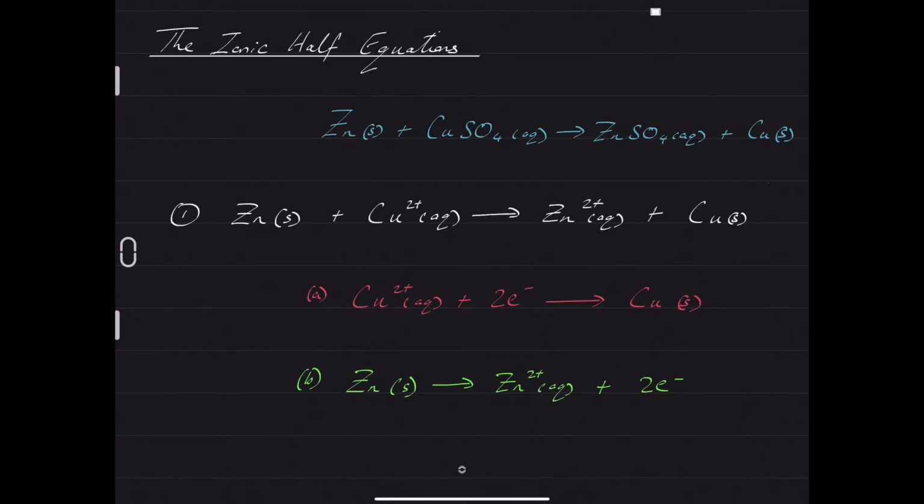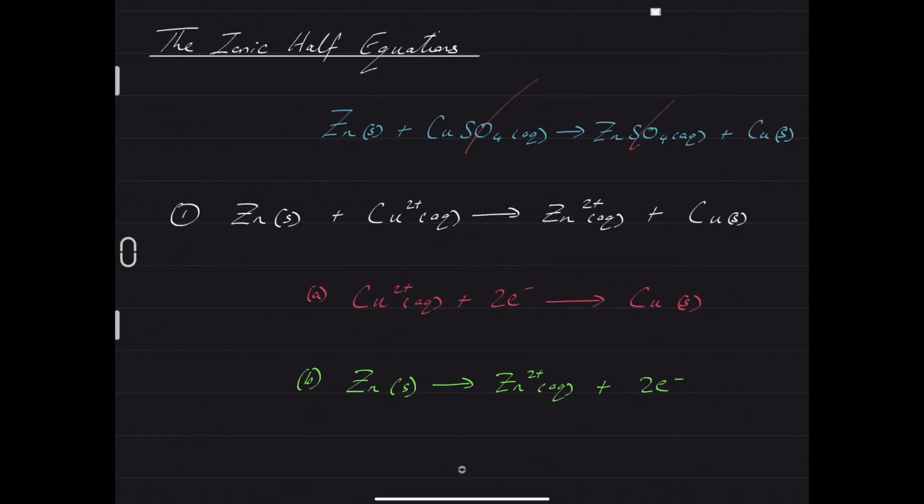Now the sulfate ions are not going to change in this displacement reaction because they are considered as spectator ions. And as such, we don't need to consider them in the ionic half equations that are going to follow. So we automatically ignore the sulfate ions as spectator ions for the rest of this.